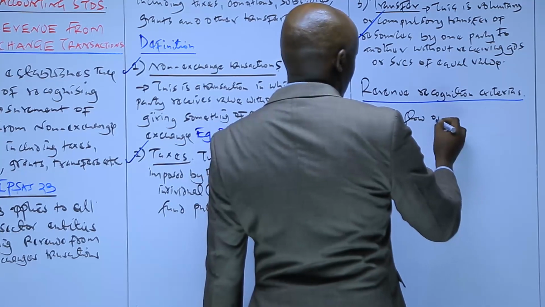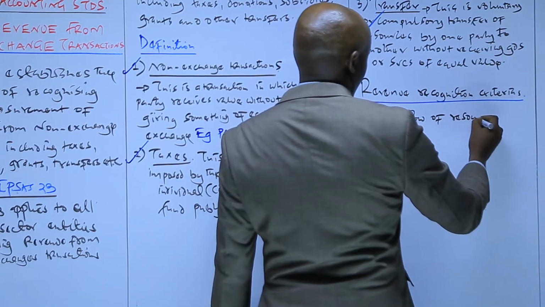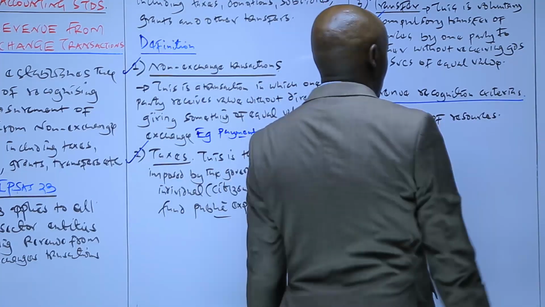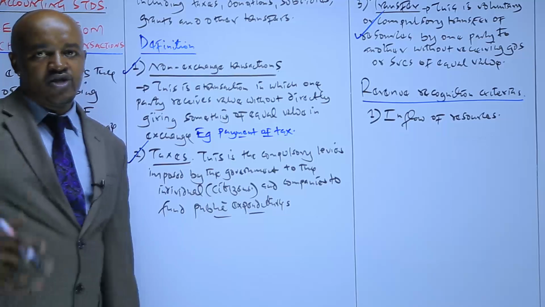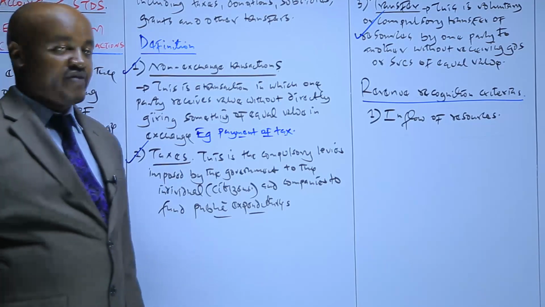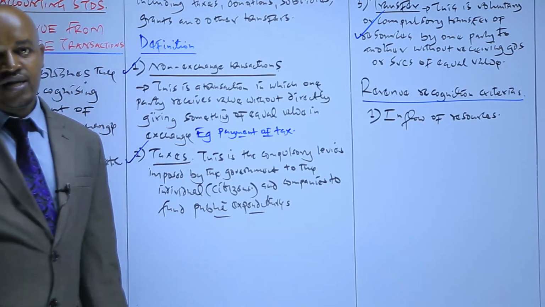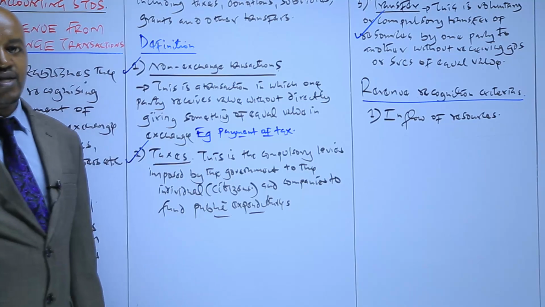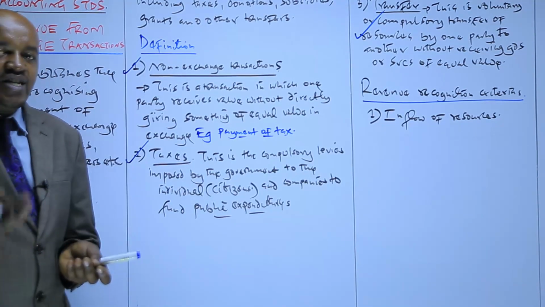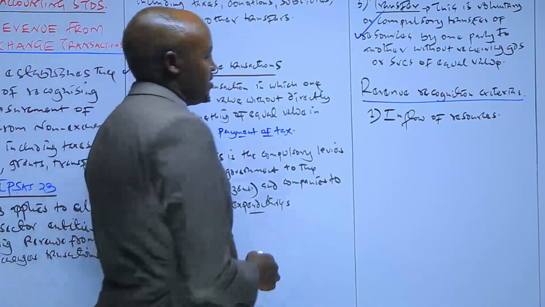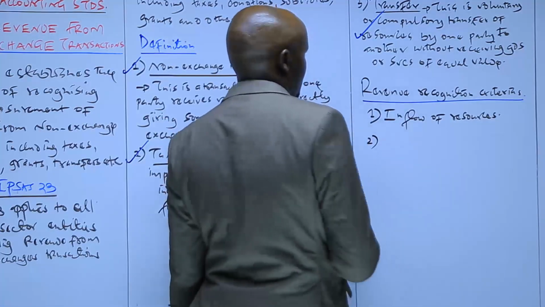For instance, when the national government or even the county government receives a donation or some grant, then that should be recognized as revenue, because the cash has been received. There is inflow of resources into that particular public sector entity.